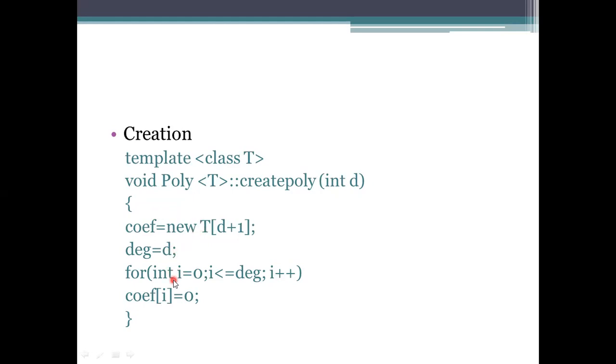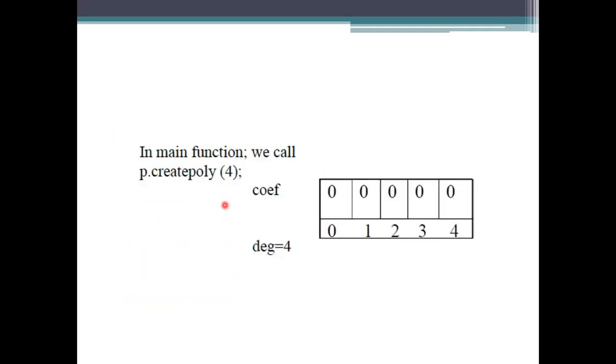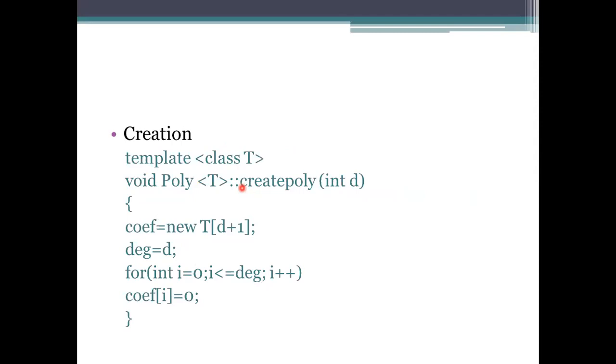Now let us study the places we have taken. If I call p dot create poly of 4, I am providing the degree as 4. So what is the size of the array?